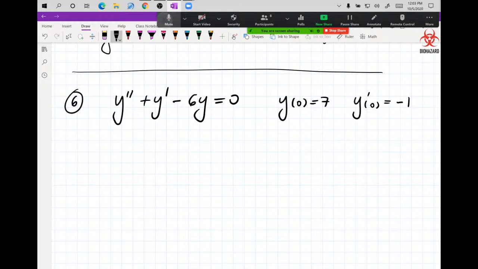All right, let's take a look at the solution here. I hope you had the chance to figure it out for yourself. We start by converting it into r squared plus r minus 6 equals 0. So that's always the first step.